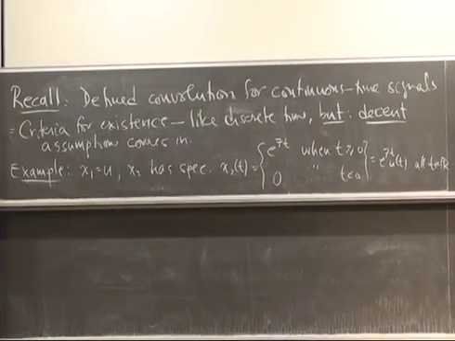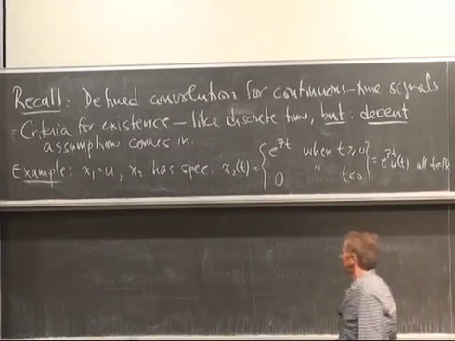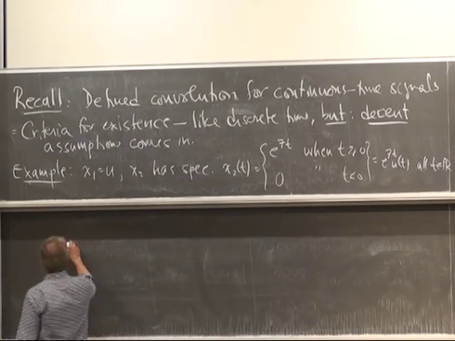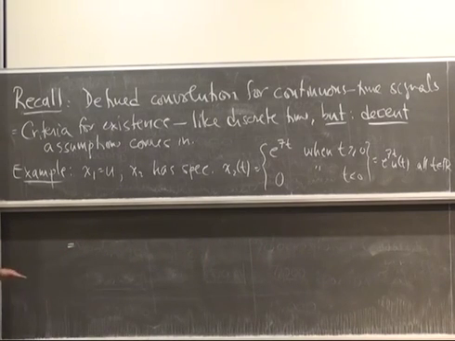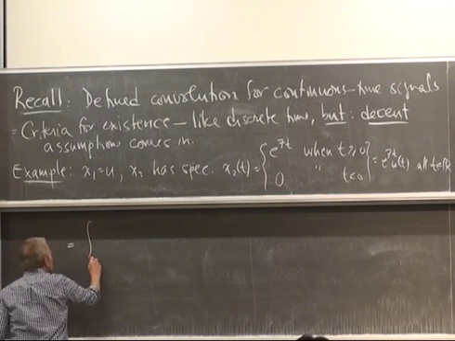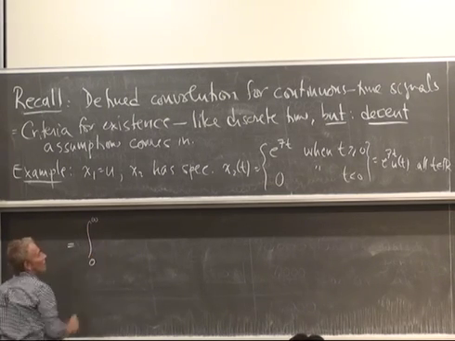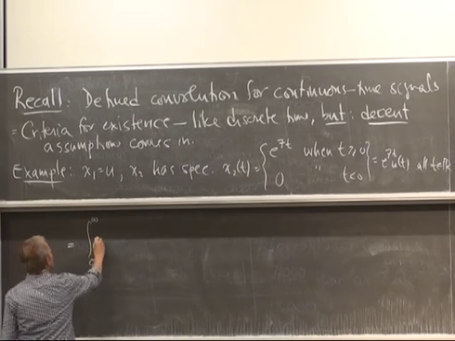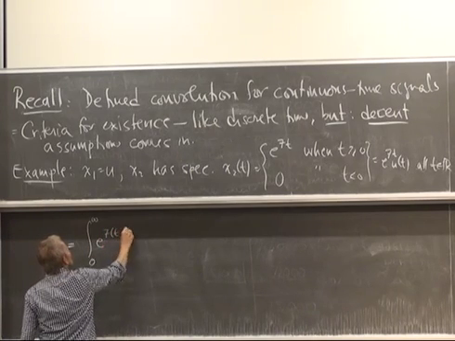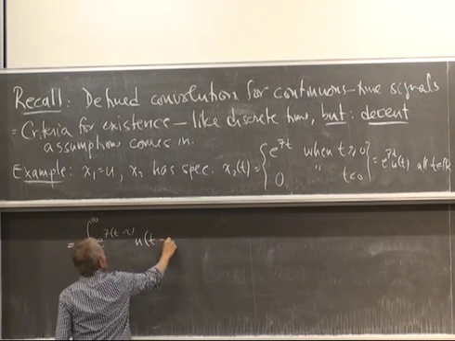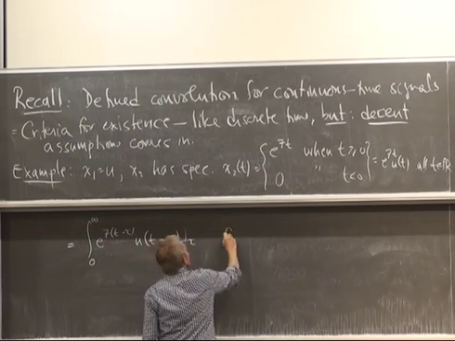All right, the first step is to invoke the unit step u of tau. And that serves to cut the integral off lower limit at tau equals 0. So this is the same as the integral from 0 to infinity of 1 times e to the 7 times (t minus tau) u of (t minus tau) d tau, for all t.